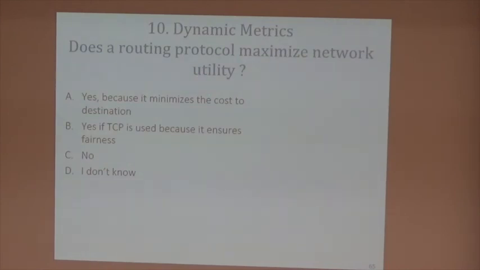Does a routing protocol maximize network utility? That's the question. We've seen it's better to have OSPF than having a spanning tree because we use all the links, but are we doing the optimal? Let me close the poll.